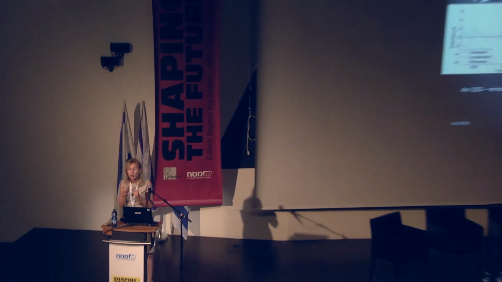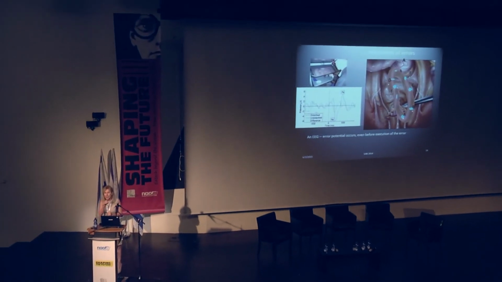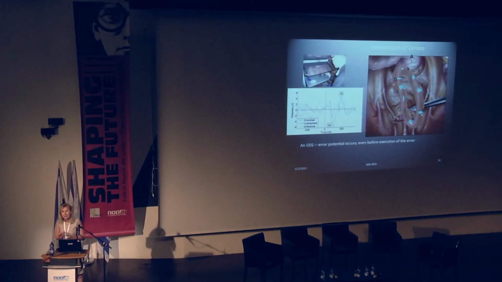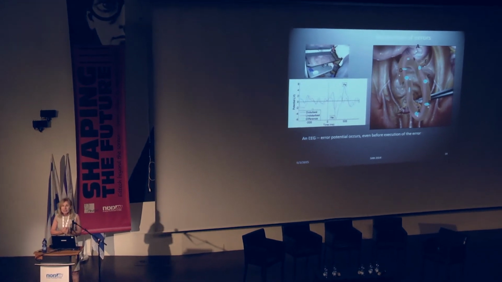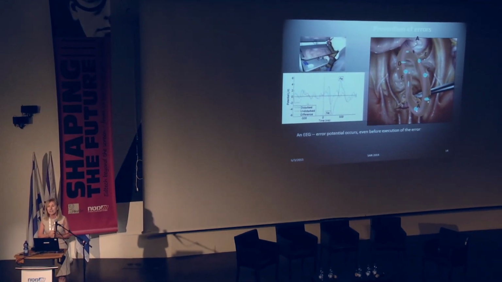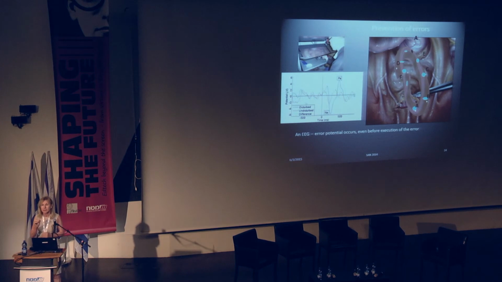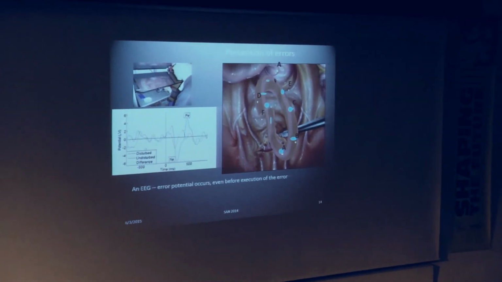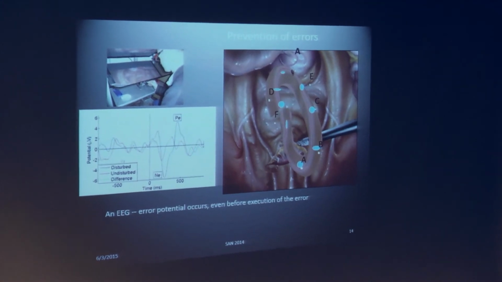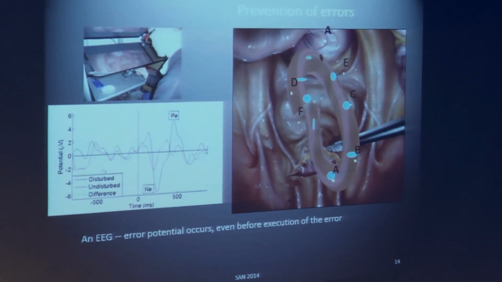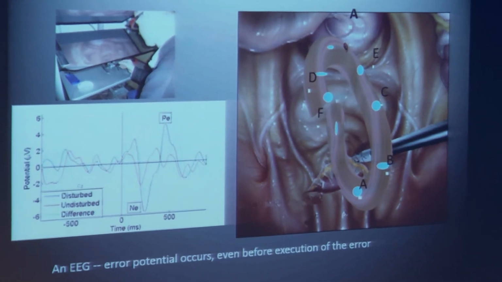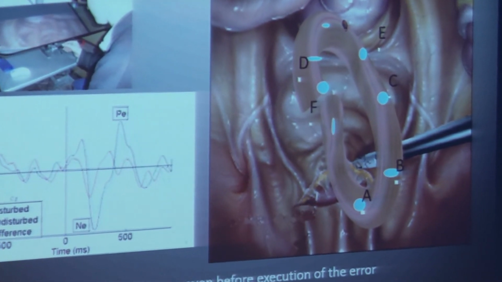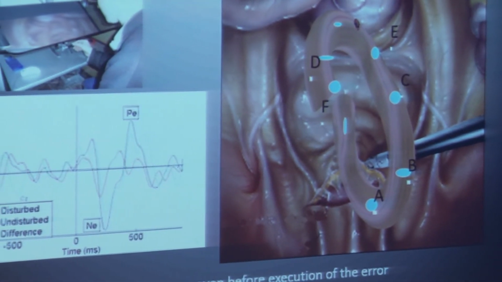And you know the feeling that you talk, and while you talk, you know you shouldn't have said that, and you would like to stop and not say that, but it's too late. This is the error potential. It turns out that there is a distinct error potential, a distinct brain potential, which I can measure, which happens even before you actually perform that mistake, that error. We can use that also in education.